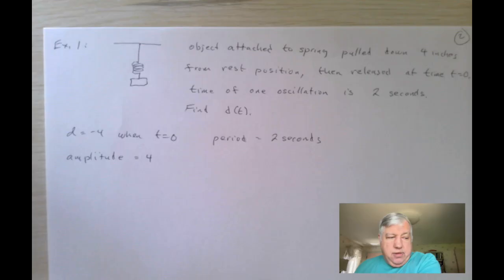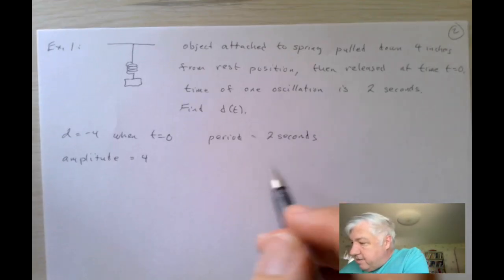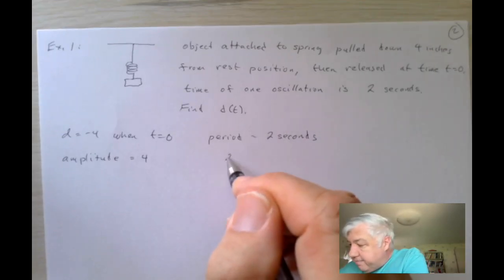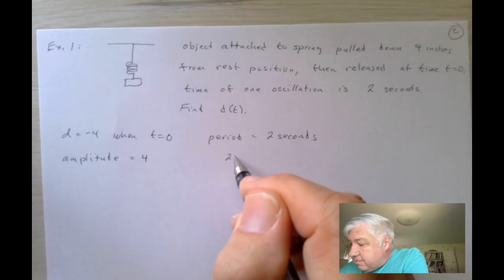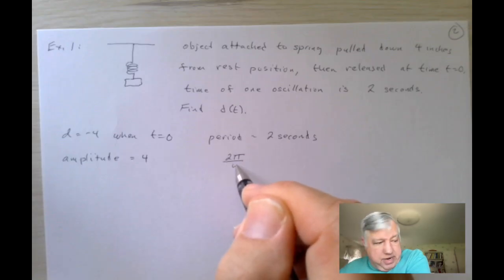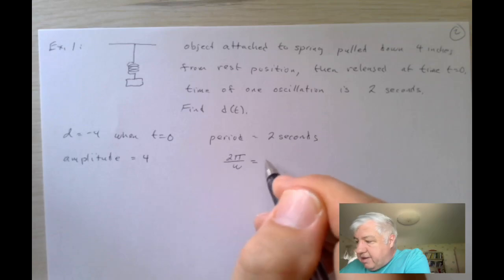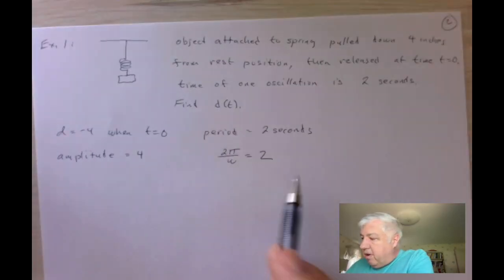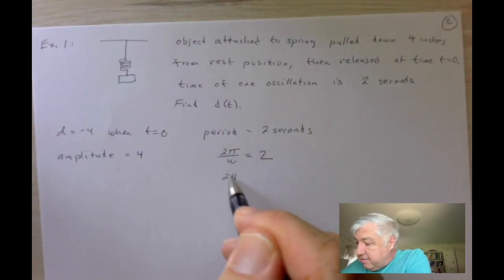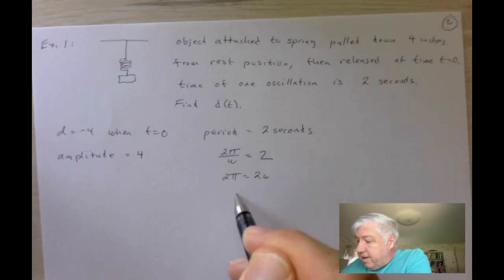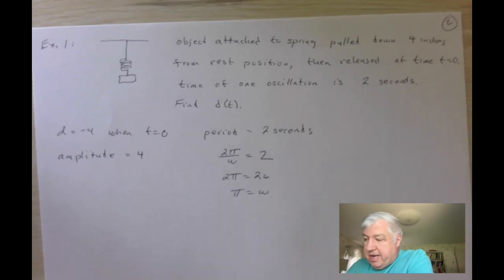That's really all we need. The period is 2 pi divided by omega, and this is equal to 2. If we want, we can cross multiply, and we get pi is equal to omega.